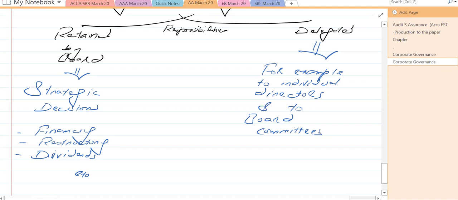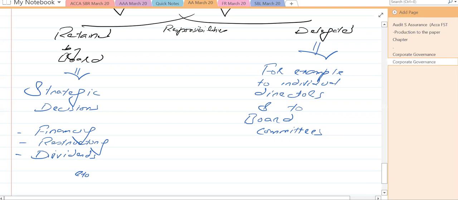Individual directors, for example, the finance director deals with finance decisions, not financing decisions. Similarly, HR directors do the basic hiring and firing.